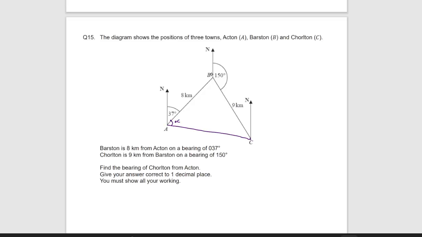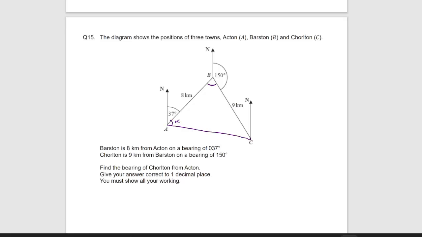Right, well, I'm just planning it in my head. Okay, so I'm going to work out this angle here.